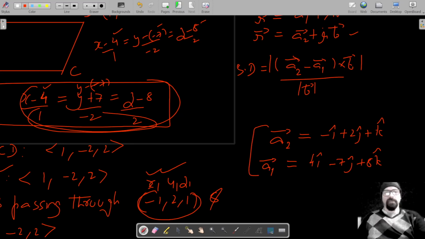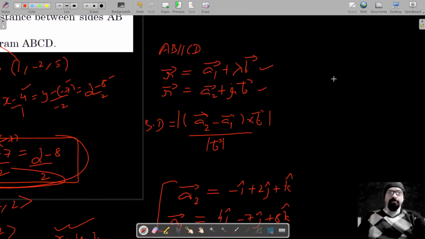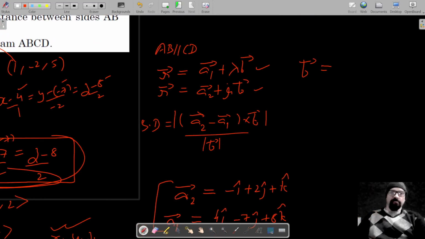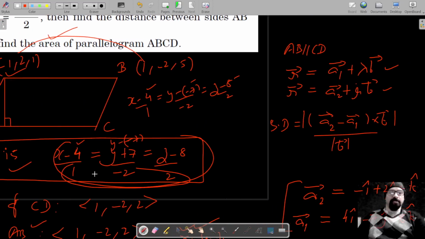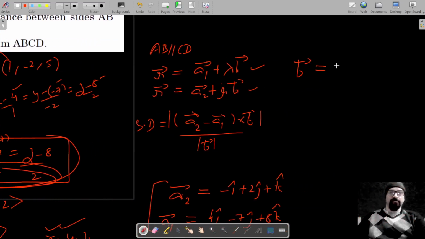And the b vector is the vector which these lines have in common. These lines are parallel to the same vector. The b vector is the vector formed by the direction ratios of these two lines, which would be i cap minus 2j cap plus 2k cap. So this is the b vector.